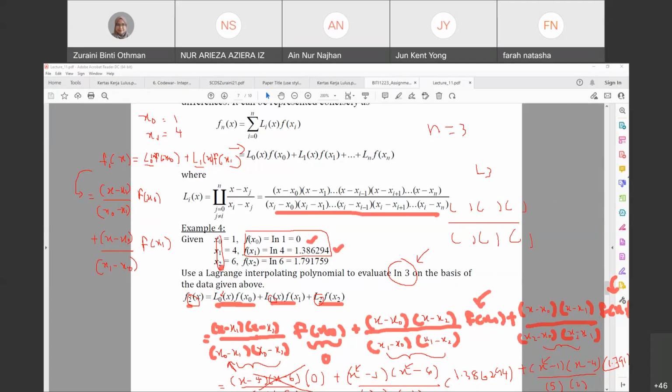Macam tu. Boleh nampak tak dia punya pattern? Saya tak pasti kamu punya kalau assignment sampai yang ni ke tidak. But there is this question inside your final exam. Which mean whether Newton dengan Lagrange ada rasanya dua-dua.